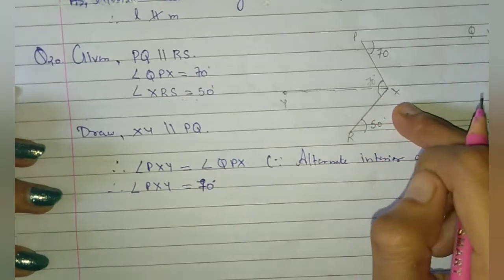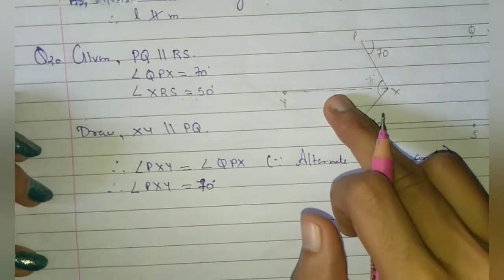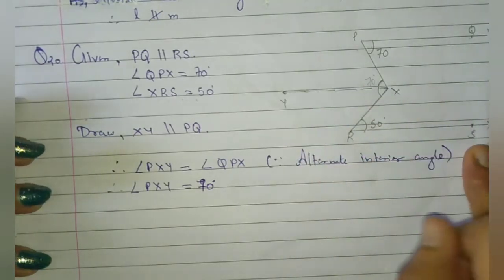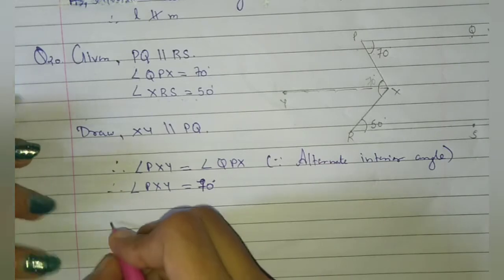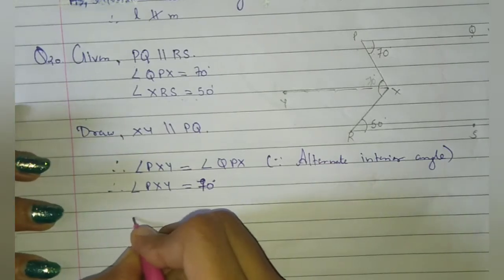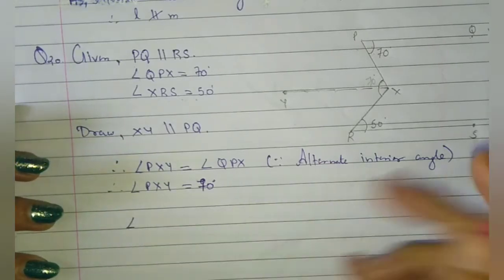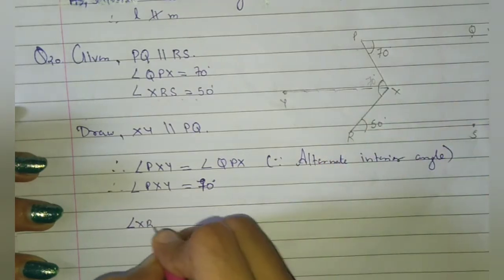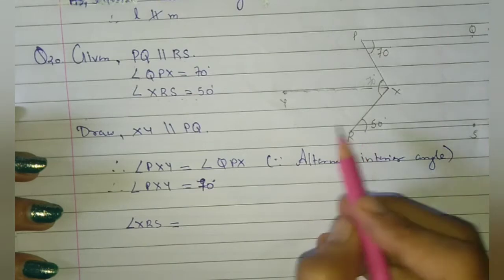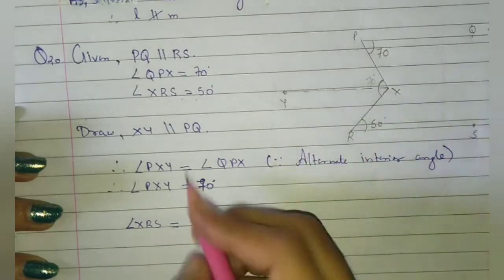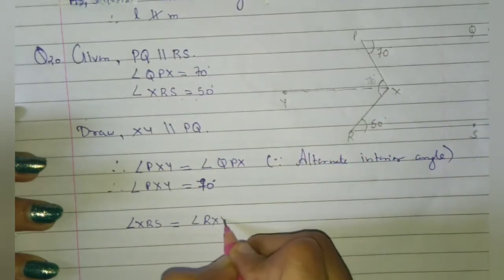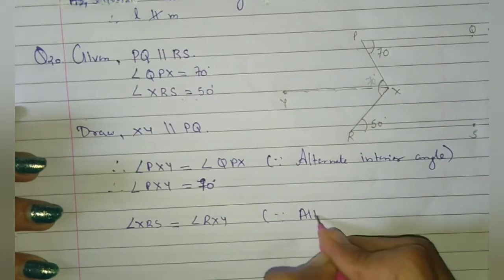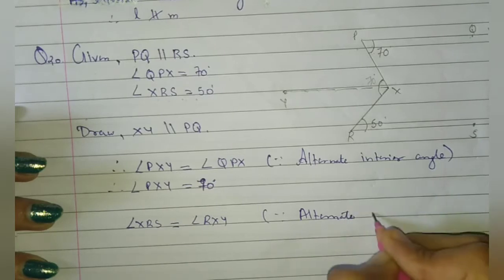Now in the same way, PQ is parallel to XY, so XY is parallel to RS also. So we can write that angle XRS equal to angle RXY, because alternate interior angle.